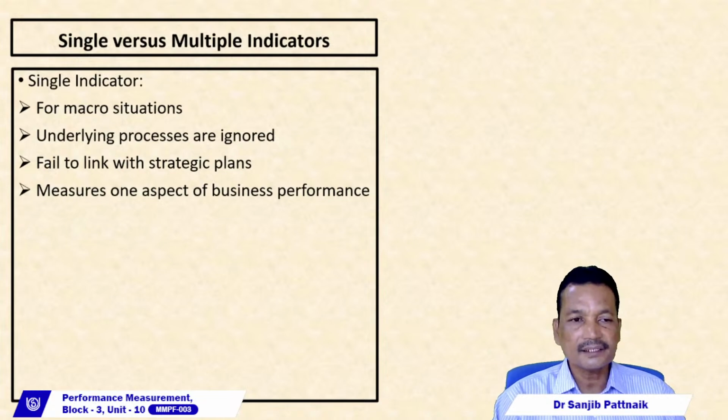So single indicators may fail to link with strategic plans. The single indicator measures one aspect of business performance. Just as we said, the business performance, we measure it suppose by profit only.